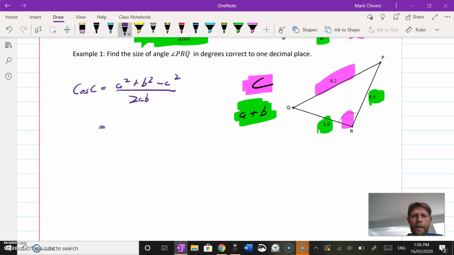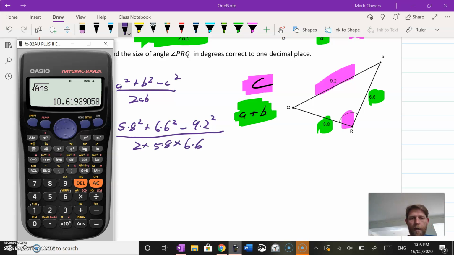In this particular case, it doesn't matter which one I call A or B, as long as I get C right. So 5.8 squared plus 6.6 squared minus 9.2 squared. That 9.2, the one opposite the angle we're interested in, has to be the one with the minus sign in front of it, and has to go last. All over 2 times 5.8 times 6.6.